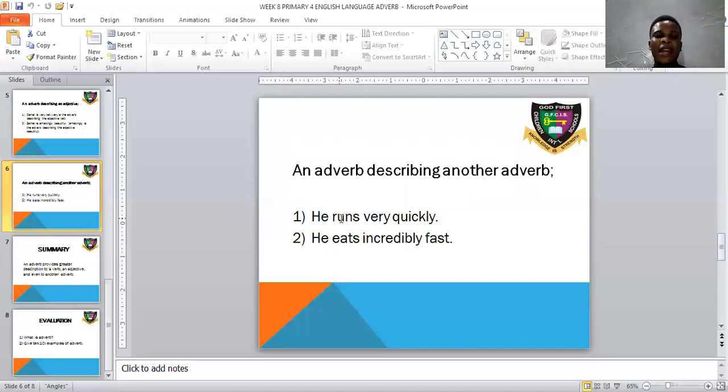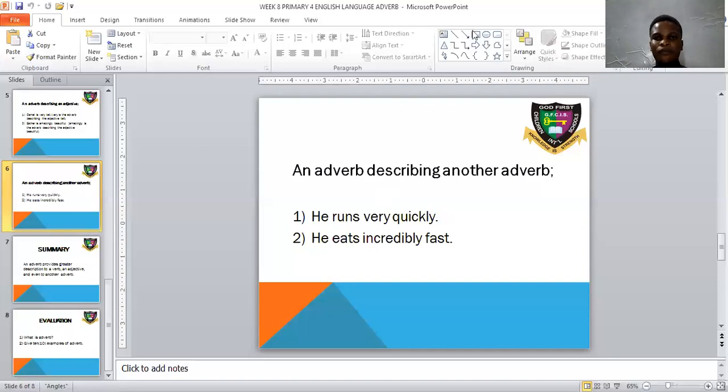That's to tell us that we only have adverb. Whenever we are not having any noun, he runs, we are having a verb. So these words are not describing a noun. They are describing the verb runs, how he runs. He runs quickly. Now, adding very again is another adverb, which gives us very quickly, 2 adverbs. Second is incredibly fast, 2 adverbs likewise.